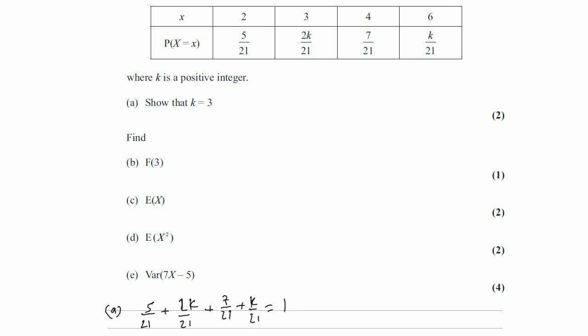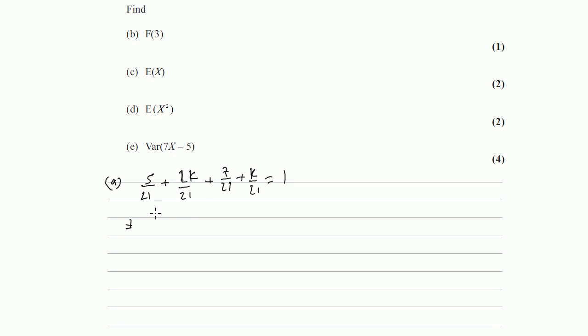If we add it all up, we get (12 plus 3k) by 21 equals 1. So we get 12 plus 3k equals 21. We get 3k equals 9, therefore k equals 3.